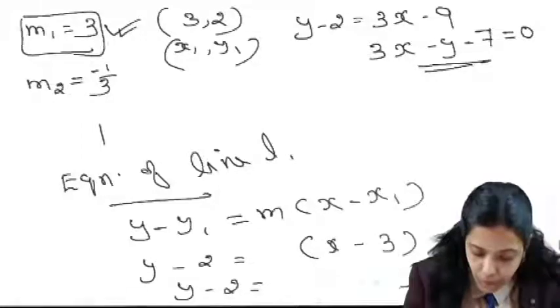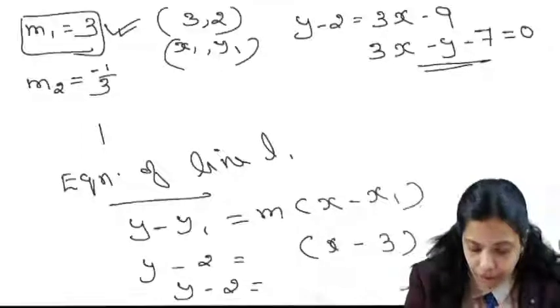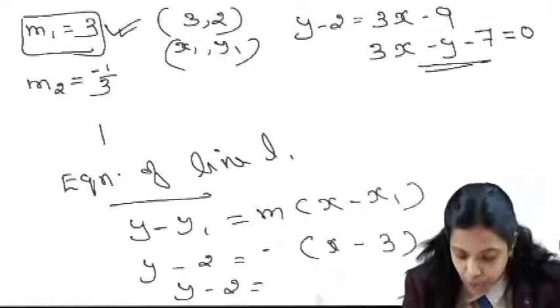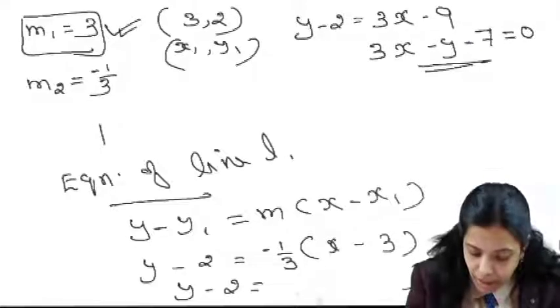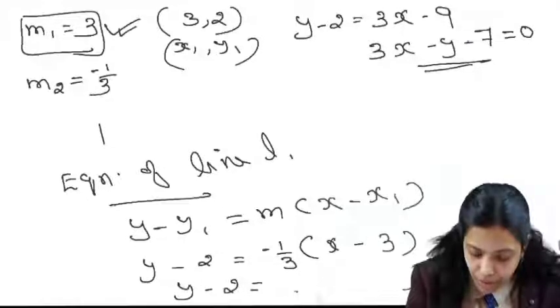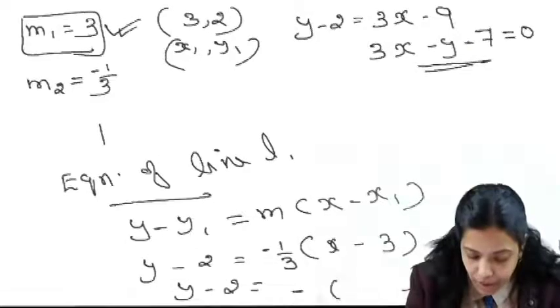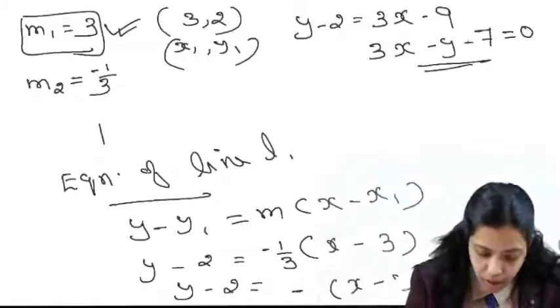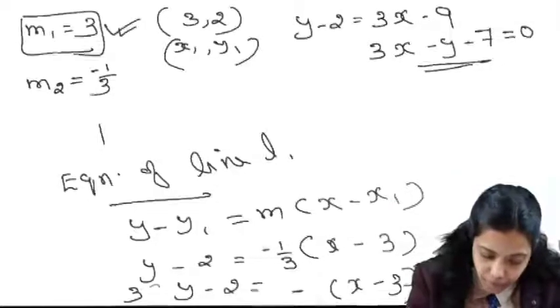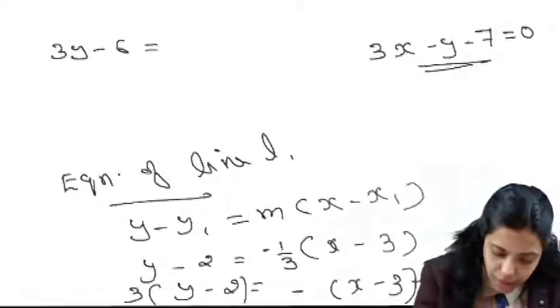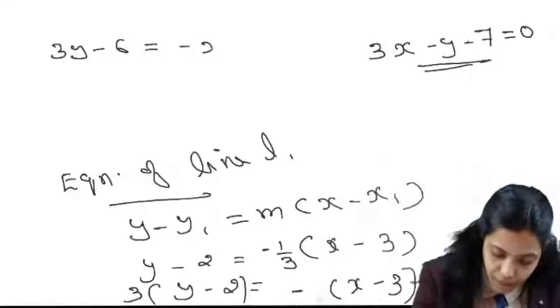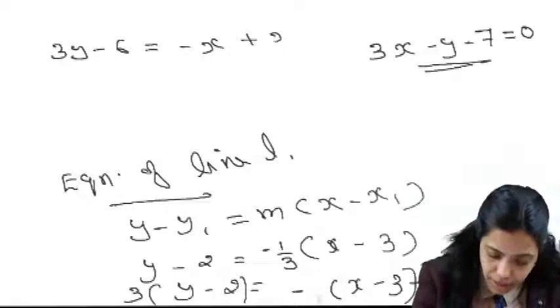We are going to write down the slope as minus 1 by 3. So minus 1 by 3 times x minus 3. The point is the same, 3, 2 itself. So if I am opening that bracket, it will turn minus x minus 3, and we can transpose this 3, it will come 3 times y minus 2. Now we are going to solve that equation. It is 3y minus 6 gets you negative x plus 3.